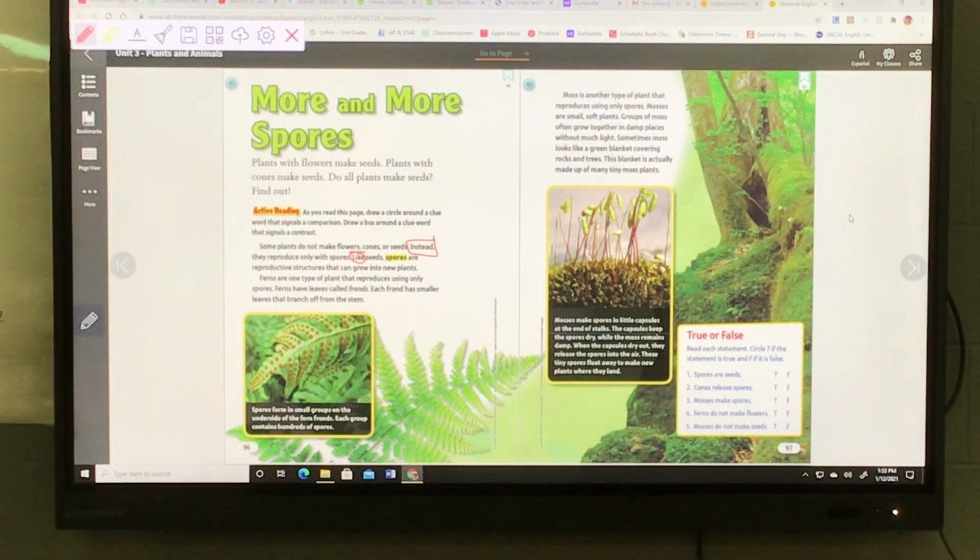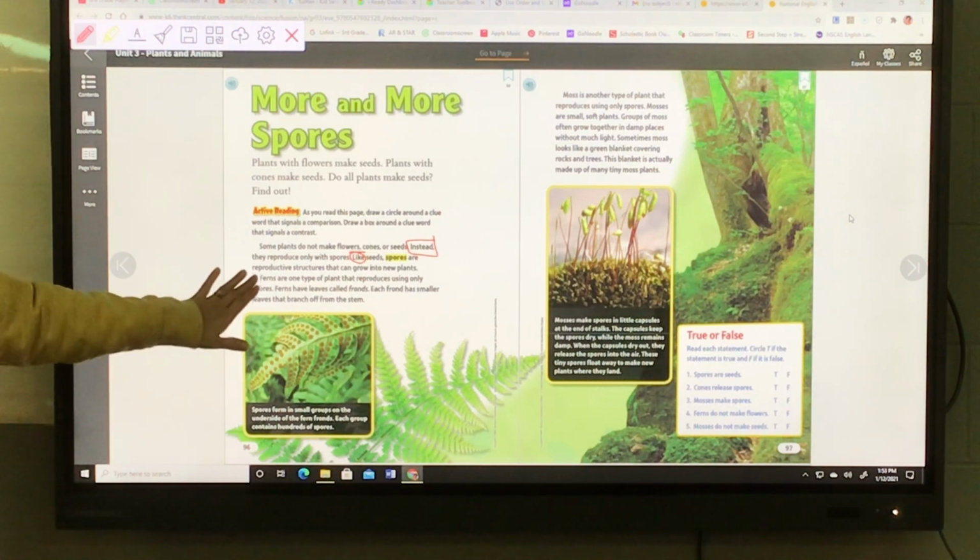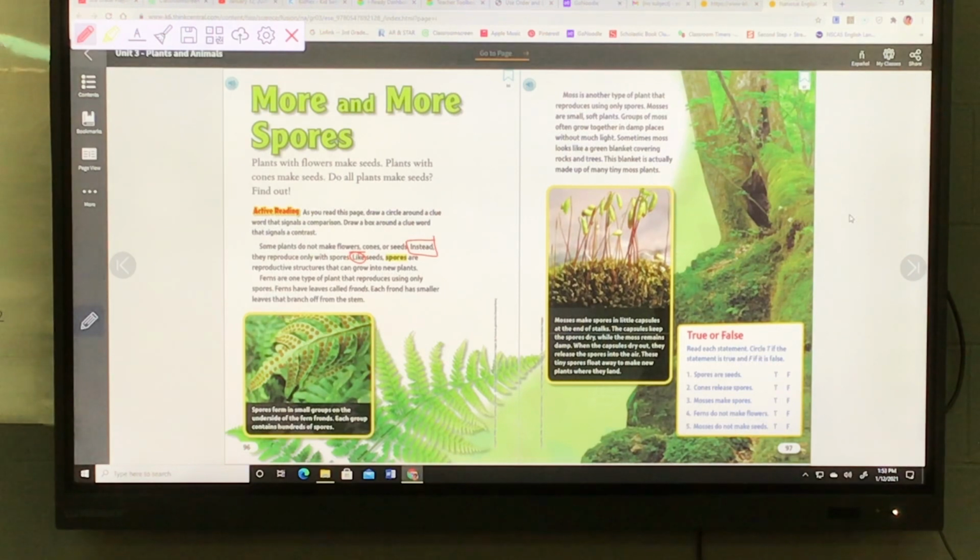Instead. All right, let's look at the second paragraph. It's more kind of like a rectangle around instead. It's just supposed to be a box. So a box could be a square or a rectangle.